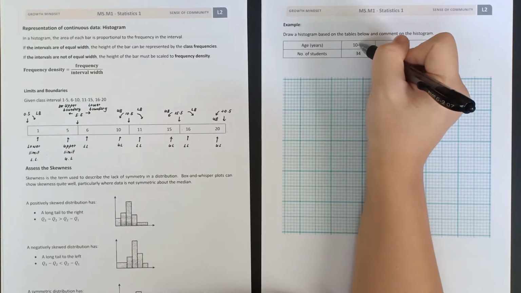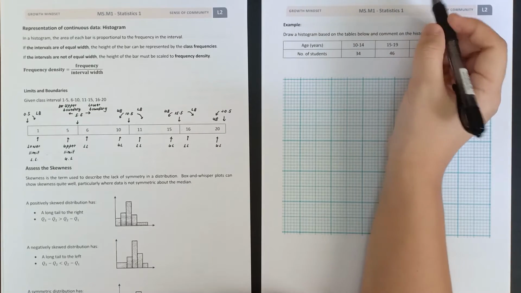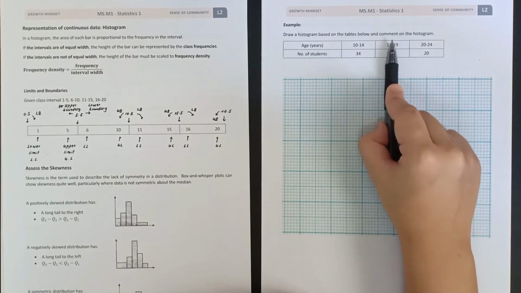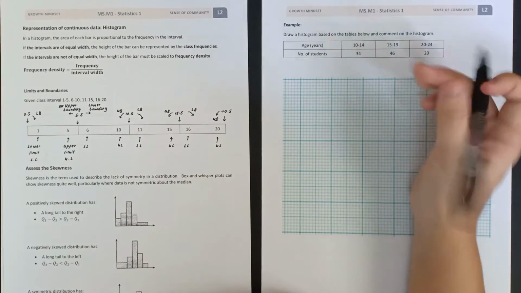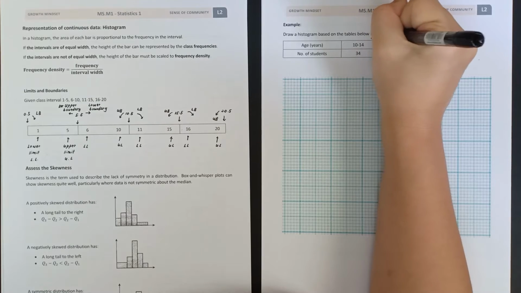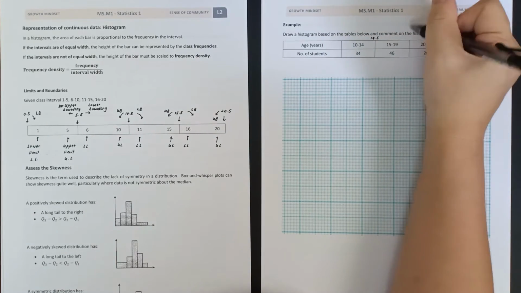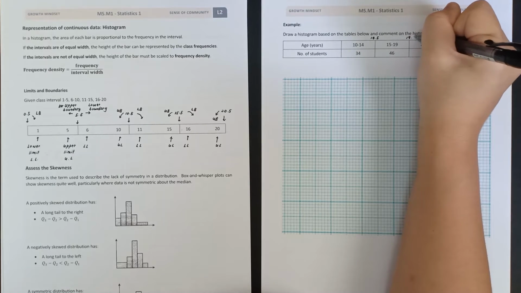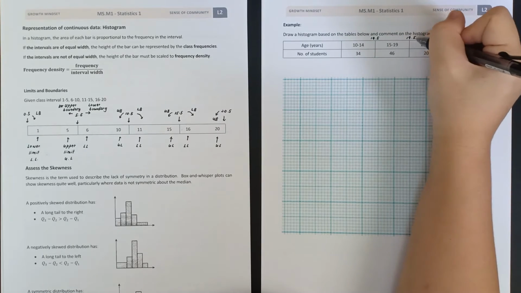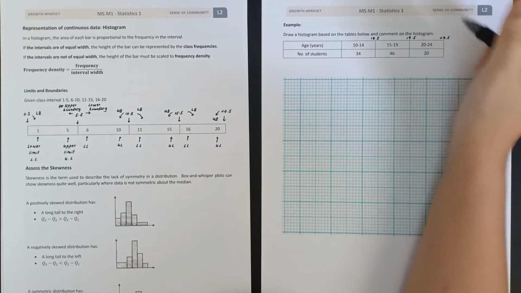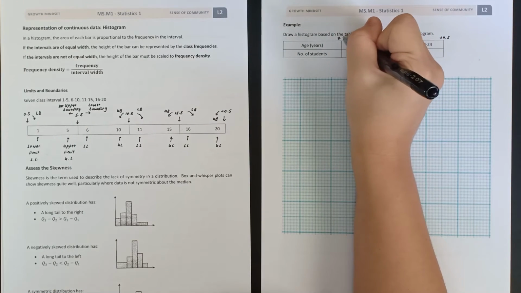We find the middle first. This is 14, then here is 15, so the boundary is 14.5. The same thing here, then we have 19.5. Since it's 0.5, 0.5, I will have 24.5 here, and here is 9.5.